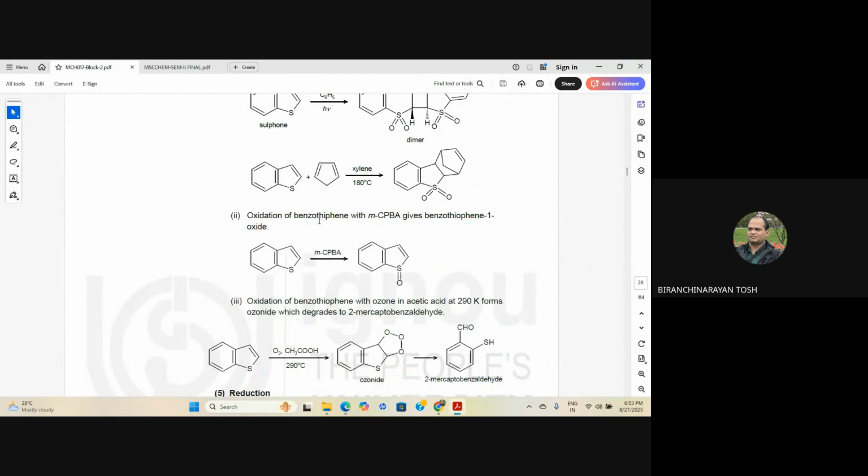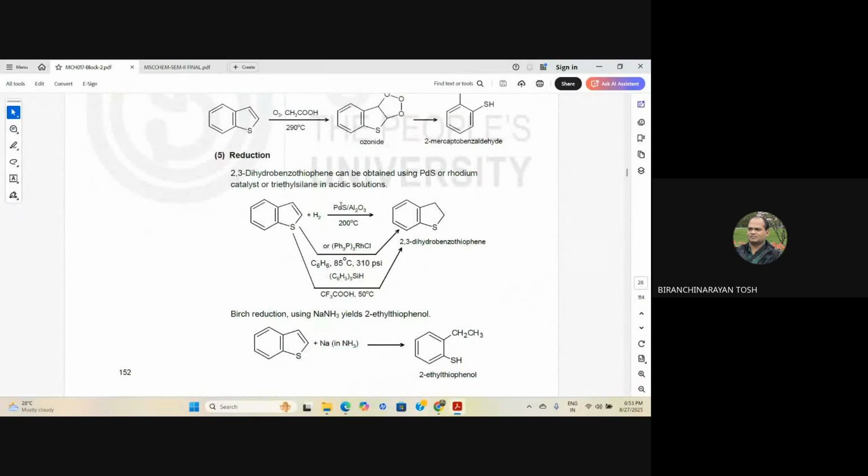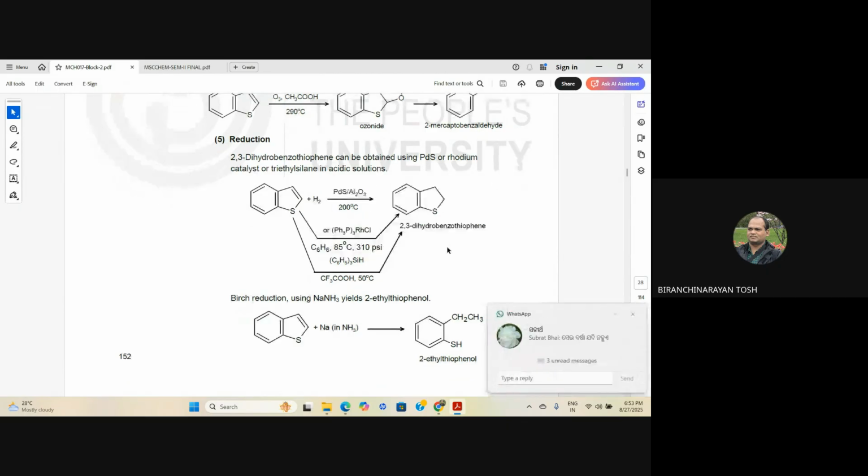When we use the phenyl group, or xylene, then ring extension takes place, forming this type of compound. The oxidation of benzothiophene with mCPBA gives benzothiophene 1-oxide. So different oxidized products form. Similarly, reduction also takes place. It will be hydrogenated in the presence of palladium sulfide and alumina, or whatever reducing agent we take, to get the same product, 2,3-dihydrobenzothiophene.